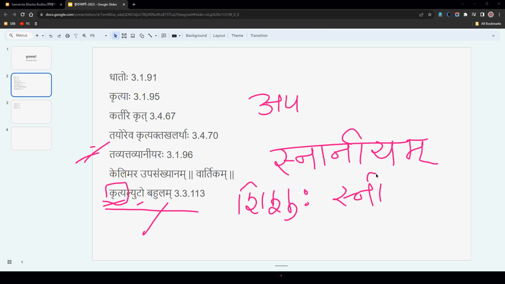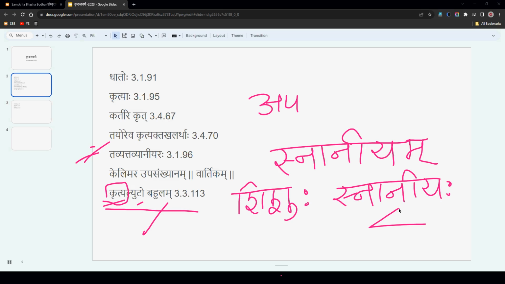What does this mean? The child must be bathed. Yes, the child must be bathed. So in that sense, it is a karmani prayoga, a karmani sense coming there.